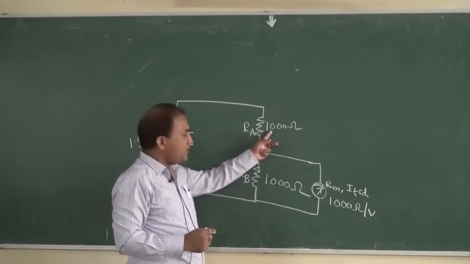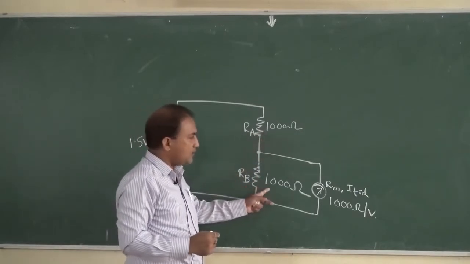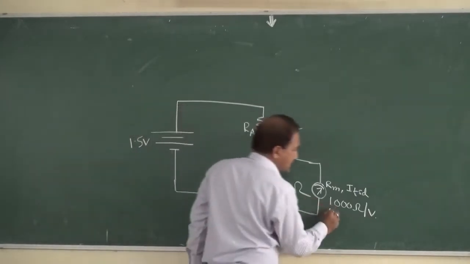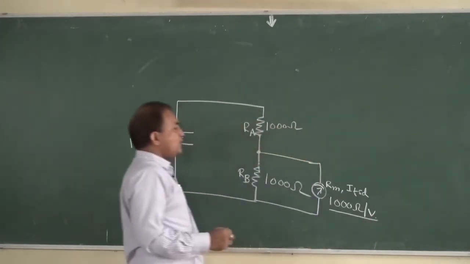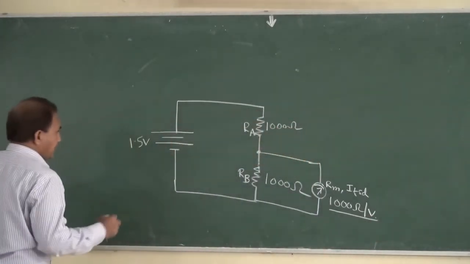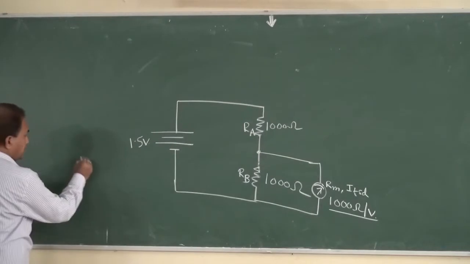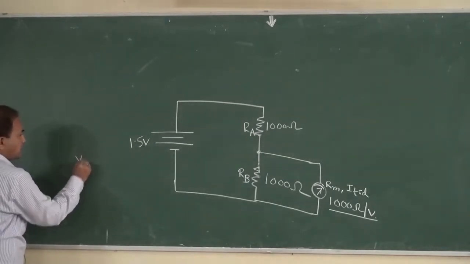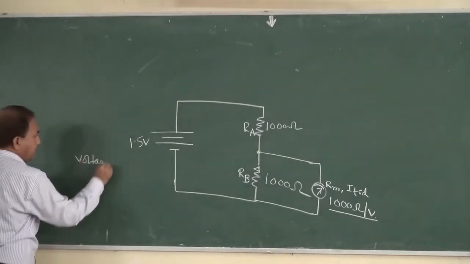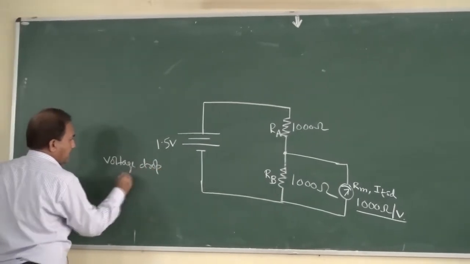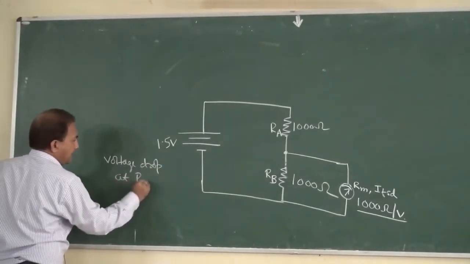RA is equal to 1000 ohm and RB is equal to 1000 ohm. The meter has a sensitivity of 1000 ohm per volt. We have to measure the voltage drop at RB.